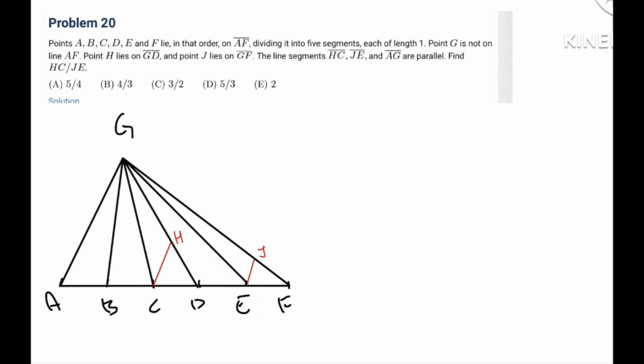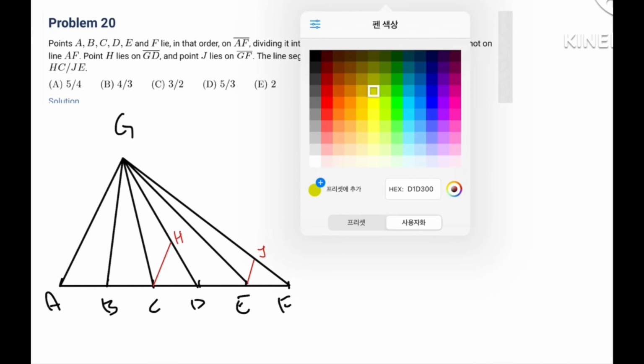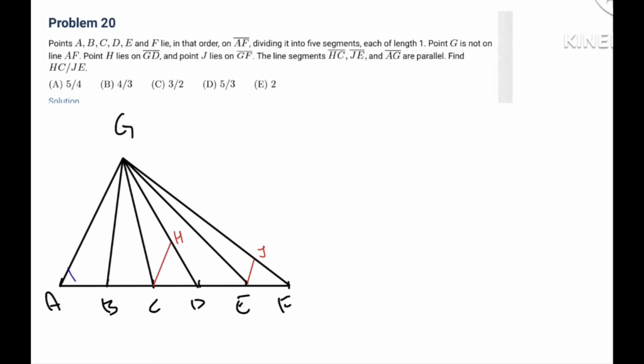And so since this triangle GAD is similar to this triangle HCD, the ratios are 3 to 1, right? So 3 to 1 ratio. So that must mean if the length of GA is x, then HC must be 1/3 x.